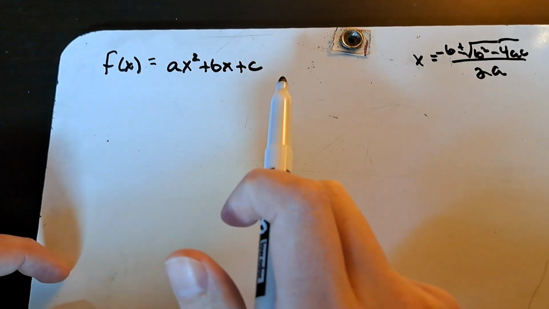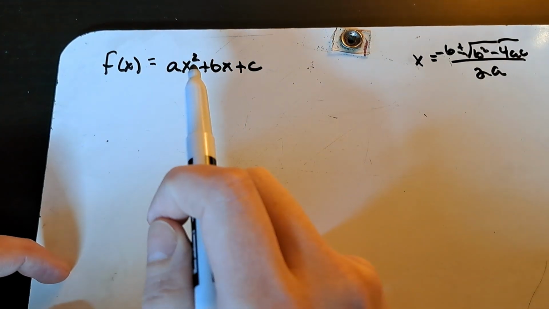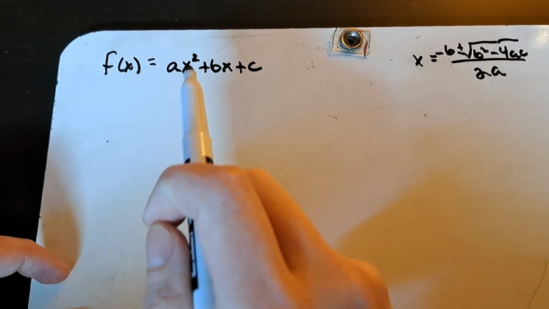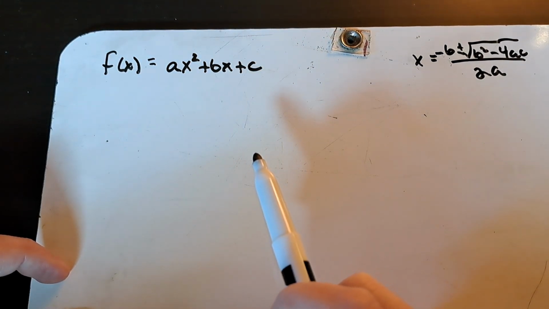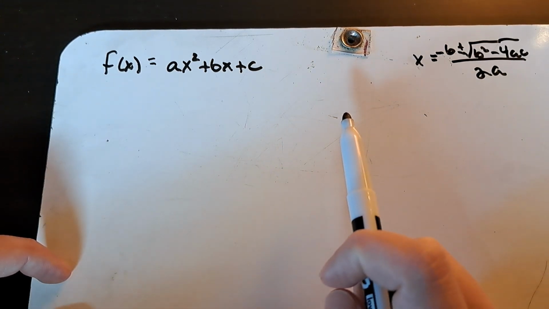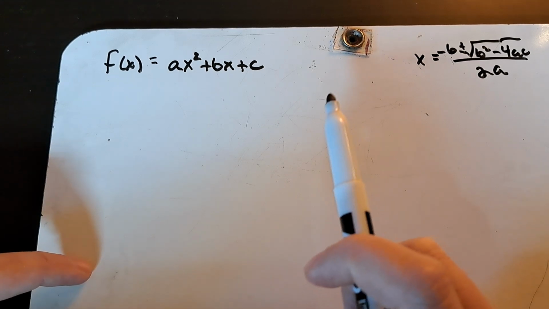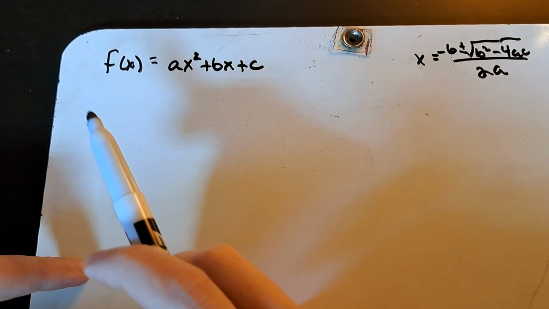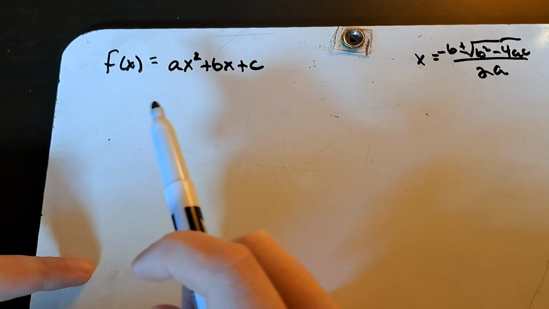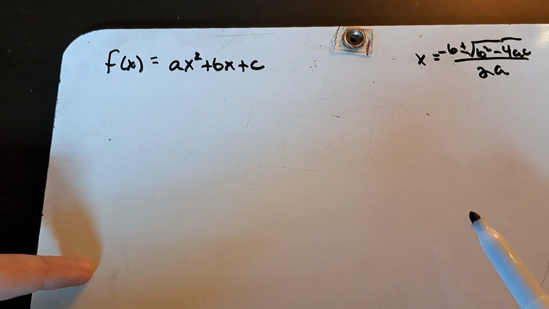So if you have any function and you set f of x, or the output, equal to 0 and you solve for x, you're going to find where that graph either touches or crosses the x-axis, and that's for any function. Based on that definition, at some point we're going to set f of x equal to 0, but I'm going to wait to do that until we complete the square here.